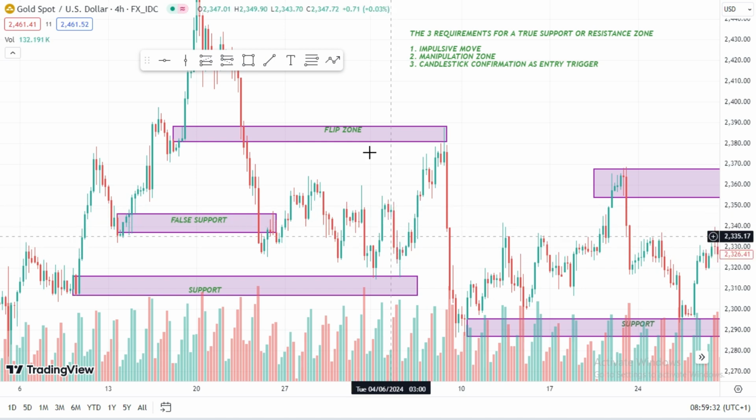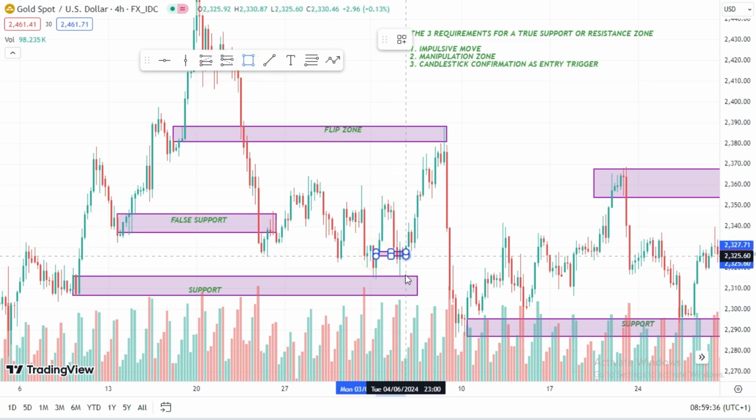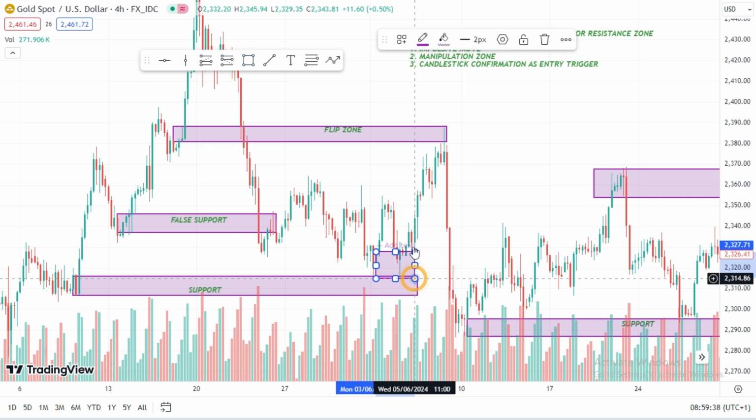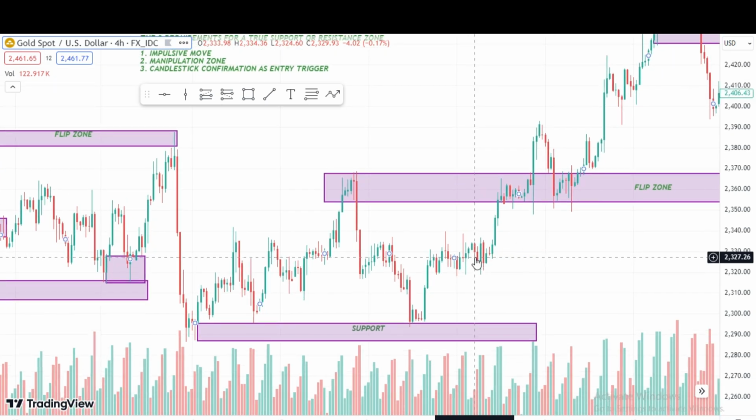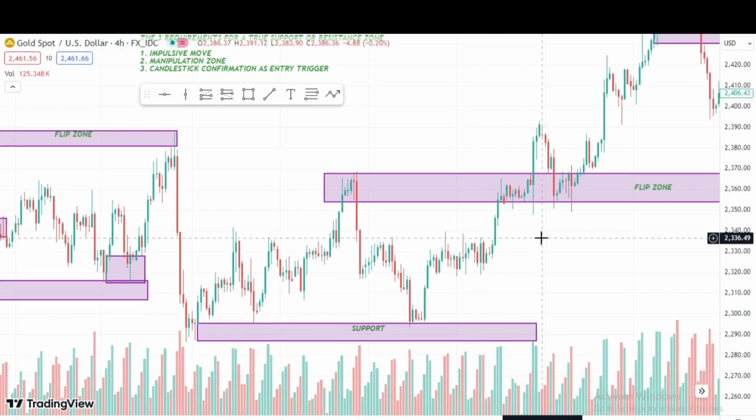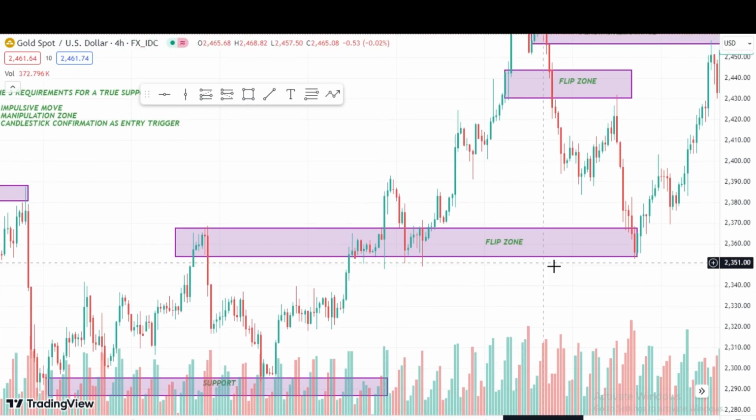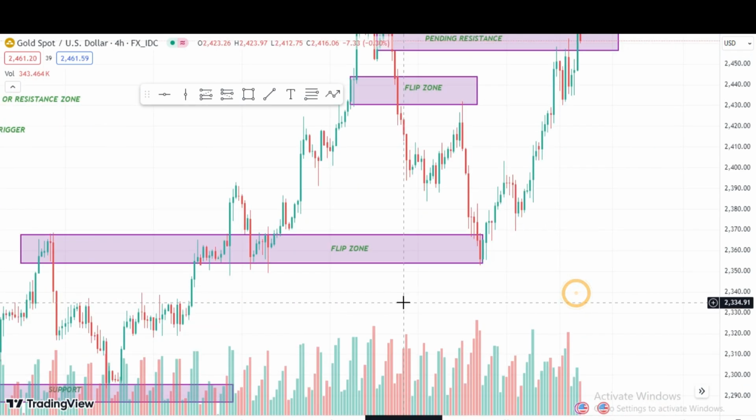However, even if you were in this sell, this is also a support zone, a clear support zone, right? And did they give a candlestick pattern? Not a very, very favorable one. So if I was in this trade and I was still holding it, my stop loss will still be here, while I'm targeting where this flip zone is, which I will have seen. So when you actually see the market, you should see it in these zones where the market wants to move away from or move towards.